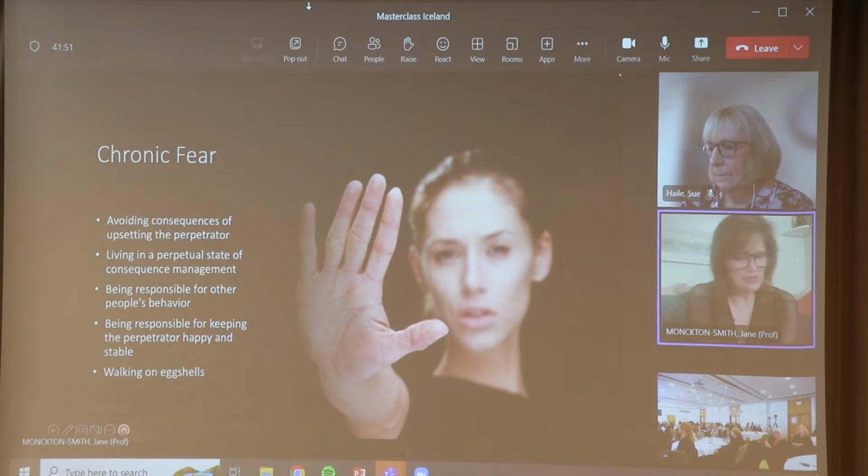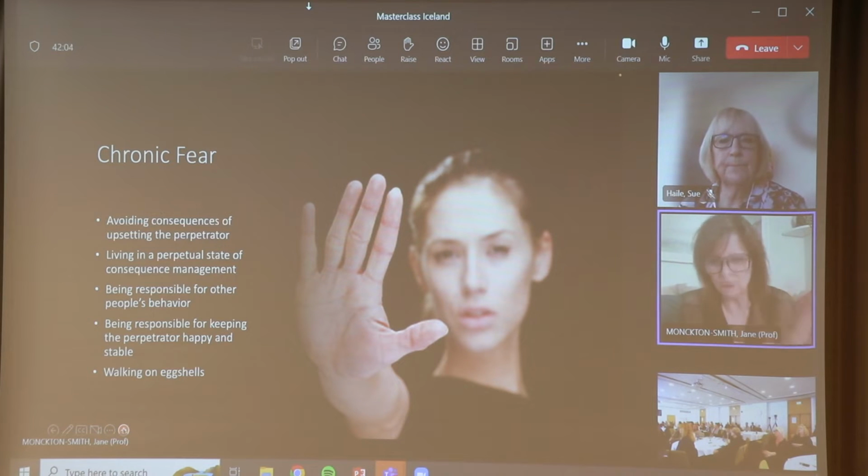And certainly sometimes we think, well, why aren't they doing this? Why are they doing that? Which is why I've put the picture up of somebody with their hand up like that. The hand is kind of saying, stop, stop, back off, go away.